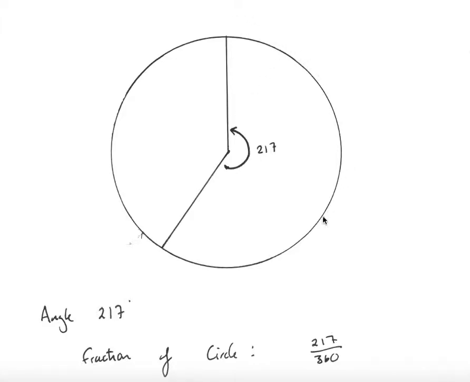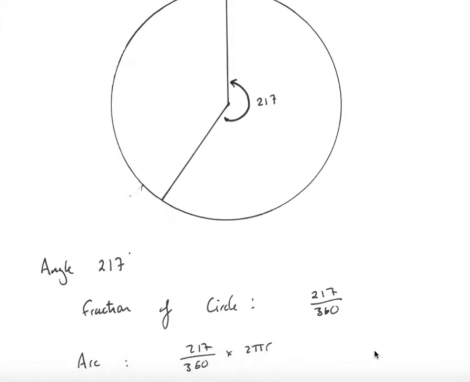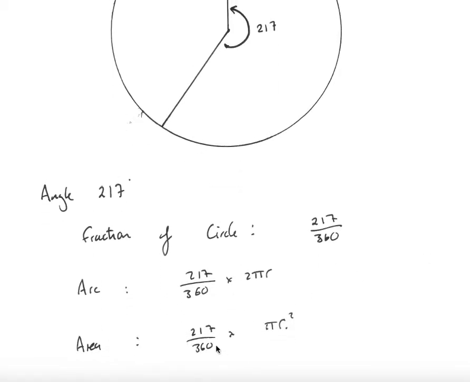Therefore, the length of this arc will be 217 360ths of the whole circumference. And the area of this sector will be 217 360ths of the whole area. So whatever fraction of the circle I'm dealing with, I apply that to the arc, the area, or the angle.